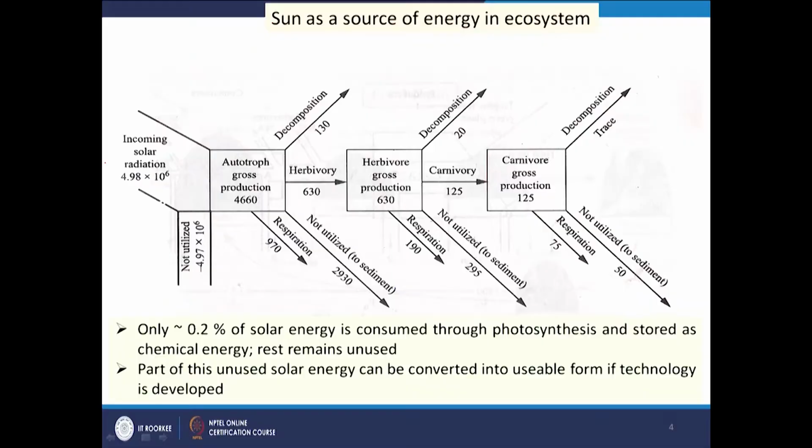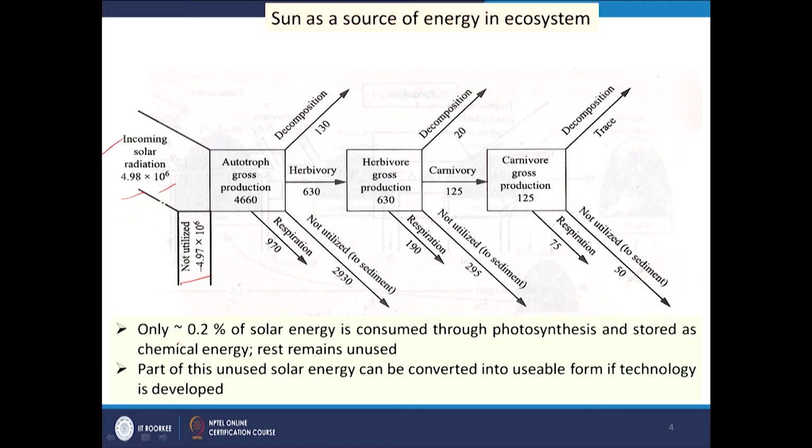Now we will see how much energy is coming from the sun to the earth, how much is consumed by different living organisms, and what is the scope for utilizing solar energy by converting it into other usable forms. This figure shows that incoming solar radiation is around 4.98 into 10 to the power 6 units. Out of it, the non-utilized part is 4.97 into 10 to the power 6 units.